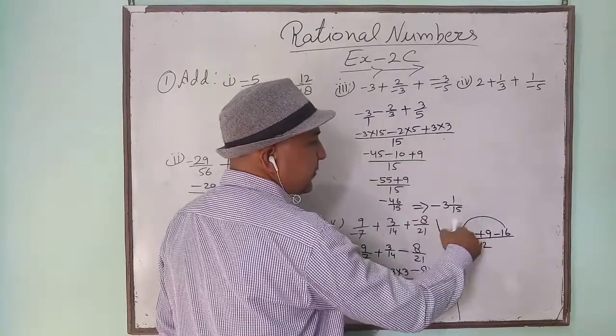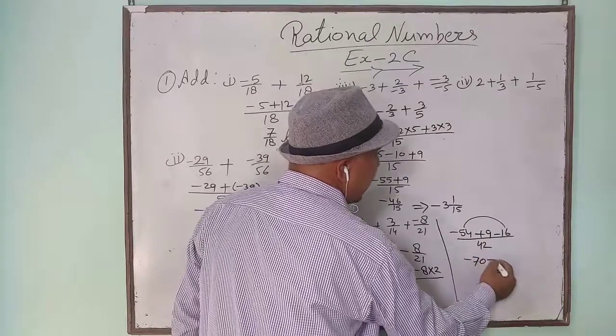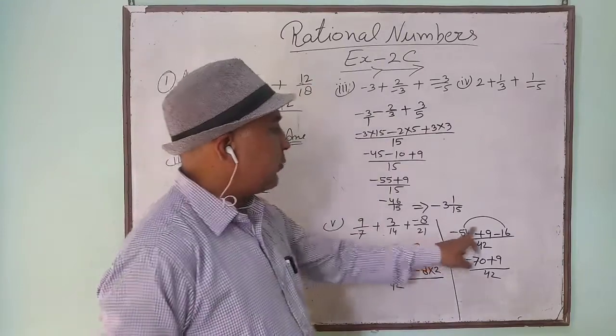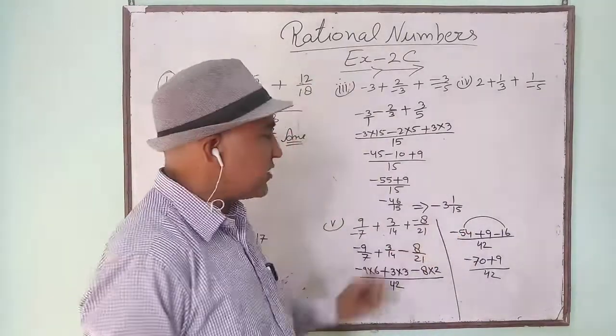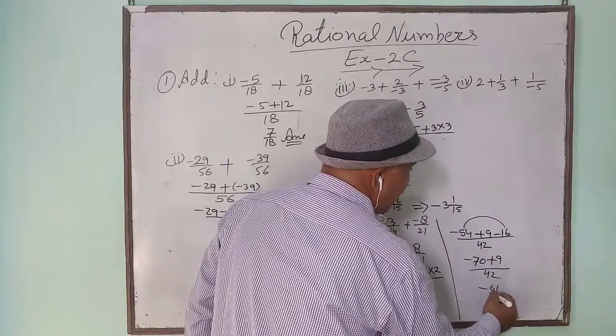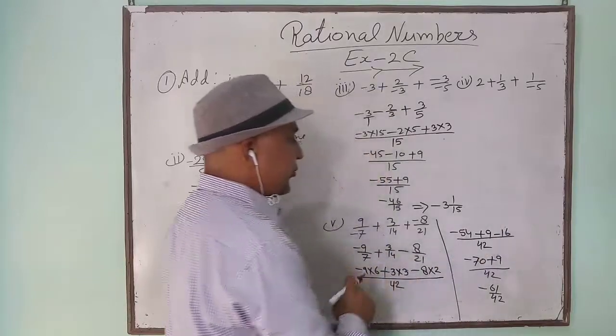So these two can be added. Minus 54 minus 16 will be minus 70. Is this understood? Since both the numbers have negative sign, this will be added. And minus 70 plus 9 will be minus 61. So minus 61 upon 42.